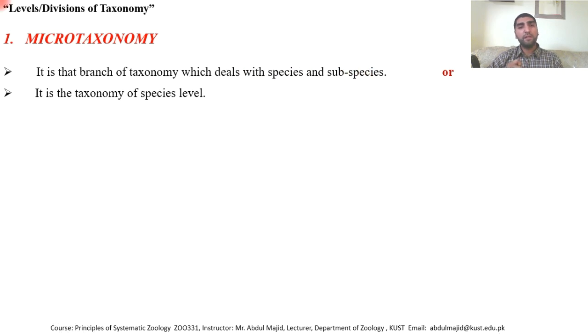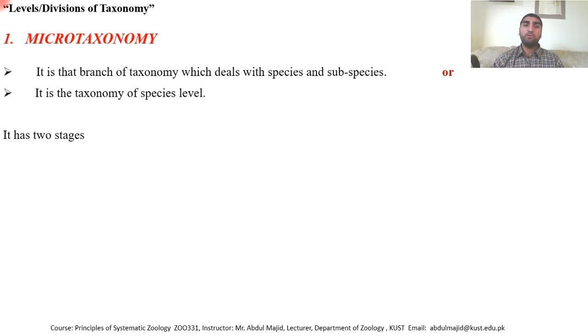When you are studying at species level or below species, subspecies level, you are studying at micro level taxonomy. And when you start studying genus or above genus level, that is not microtaxonomy, that is macrotaxonomy, because you are going to upper levels, to macro levels.